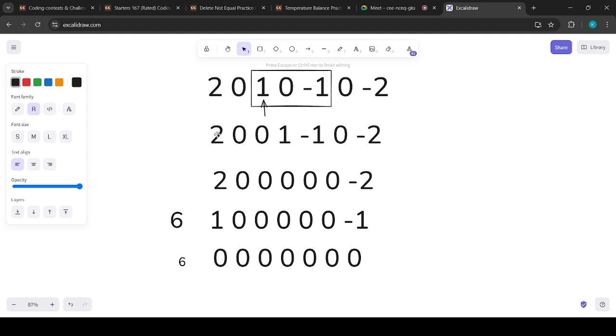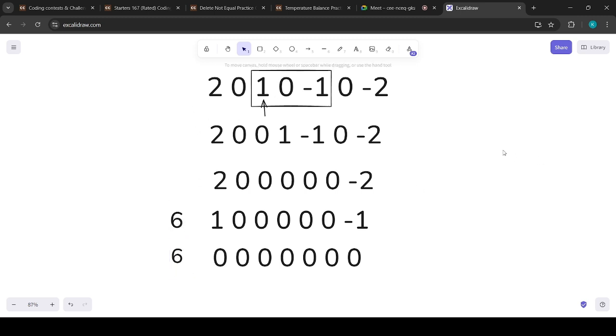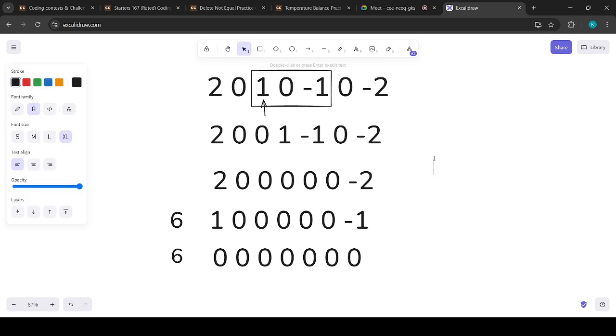So total seconds to that are 2 seconds up to this, and after that plus 6 to neutralize all of that.